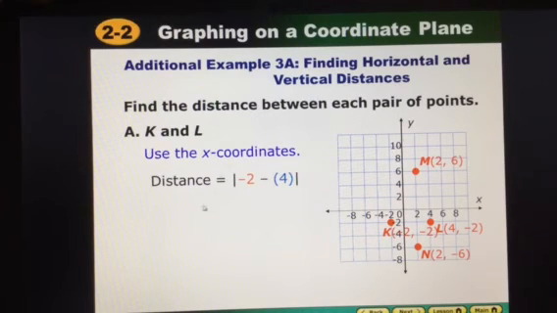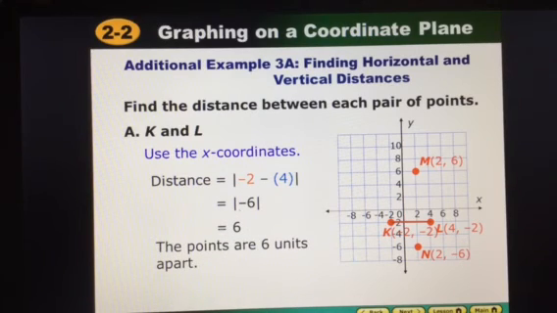So we take negative 2 for the first x and 4 for the second x-coordinate. Negative 2 minus 4 is negative 6. But we're taking the absolute value, and absolute value means distance from 0, and distance is always positive. So the distance would be equal to 6. They're 6 units apart.